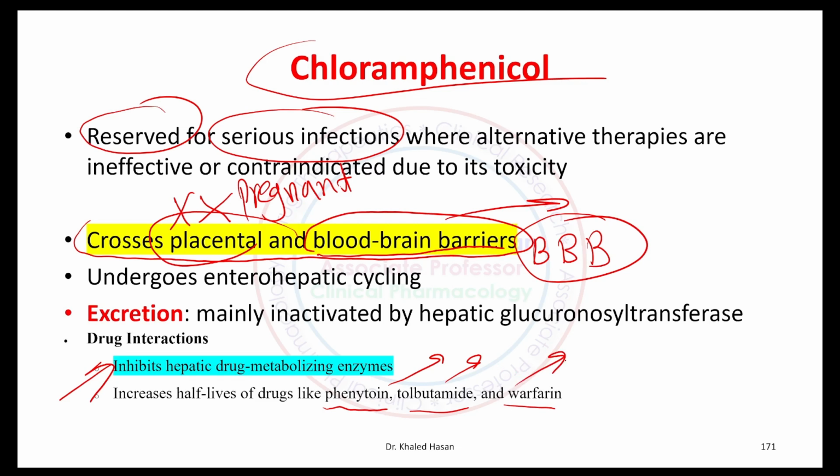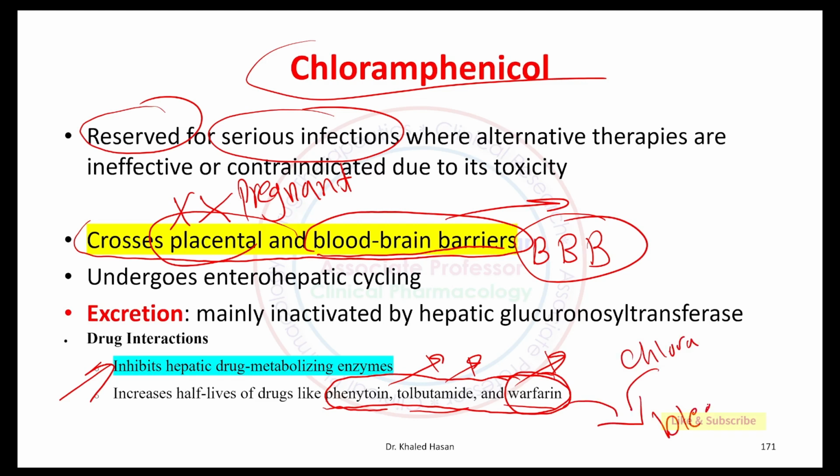When a patient on one of these medications is treated with chloramphenicol, we expect the concentration of the medication to increase. For example, if a patient takes warfarin for a coagulation disorder and comes to the clinic with a severe infection, and you prescribe chloramphenicol, there will be a risk of bleeding because the concentration of warfarin will increase.